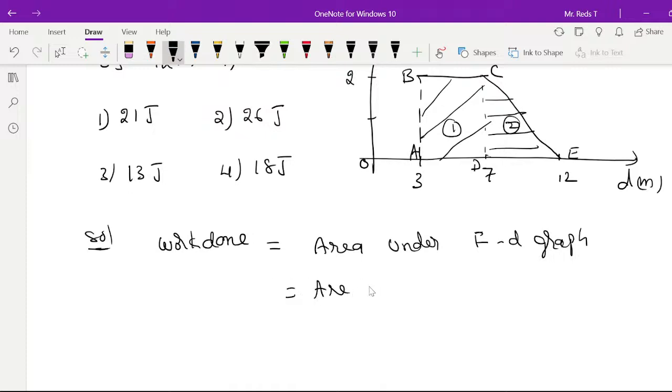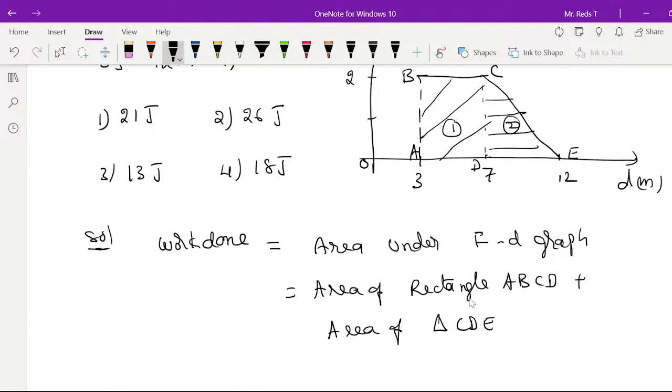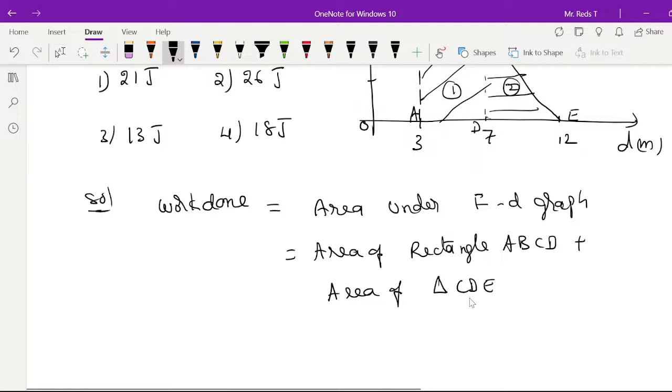So work done is equal to the area under the F-d graph. It is equal to the area of rectangle ABCD plus the area of triangle CDE. As you know, area of rectangle is length into breadth.